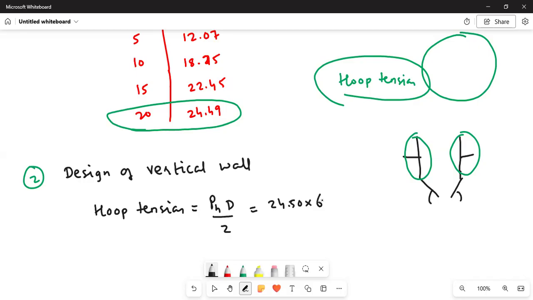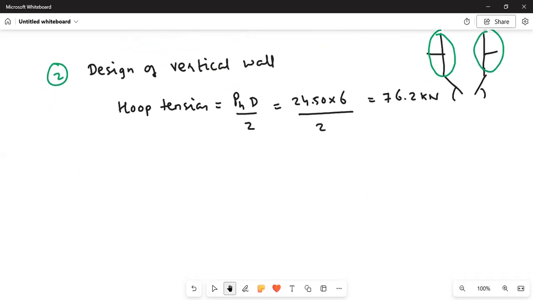The internal diameter is 6 meters divided by 2, and it is coming as 76.2 kilonewton. Okay. From the hoop tension, we find the factored hoop tension, Tu, 1.5 into factored.